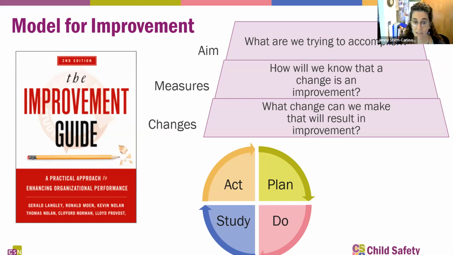Those include Plan, Do, Study, Act cycles, which are a primary tool enabling teams to conduct small tests of change to effectively try out new child safety approaches and interventions within your system in small environments in order to then ascertain whether you're going to adapt them, if they need to be modified or changed, if you're going to abandon them because they're just not working, or if you are seeing that it's working and you're ready to adopt that and then scale it up to working with more sites or a greater population base.